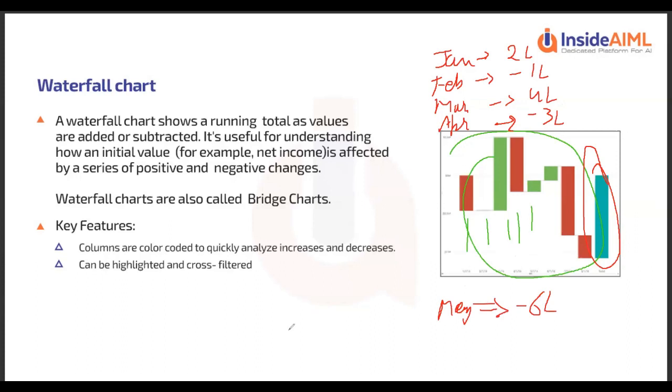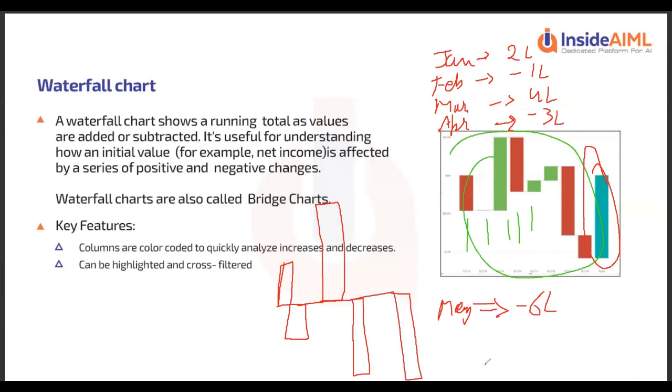Now, January's 2 lakh will be in green color. February's 1 lakh will be in red color. Then March 4 lakh, then April 3 lakh, then May again minus 6 lakh. So in total, what was your total earning, whether positive or negative, will be shown in this teal color.